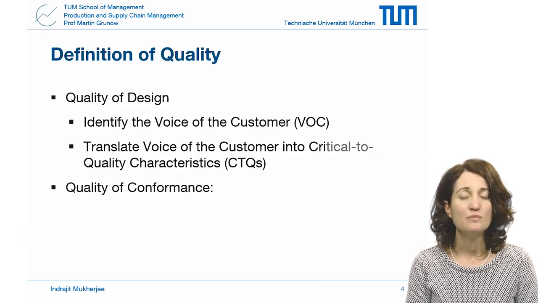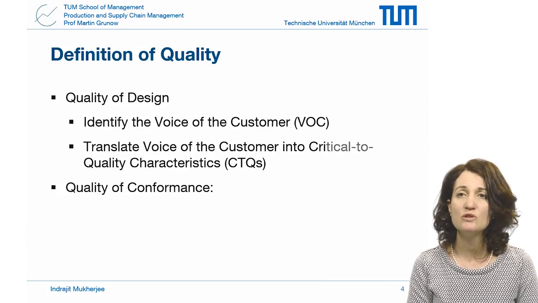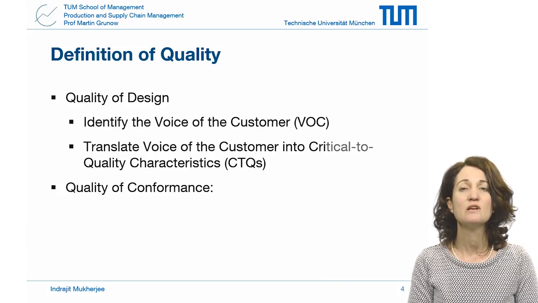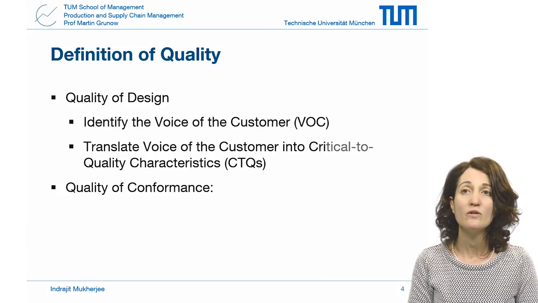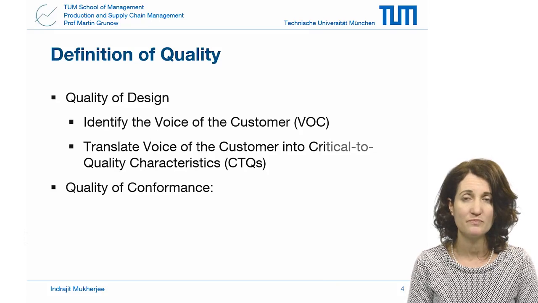These wants and needs now need to be translated into the so-called critical to quality characteristics, or CTQs, and these should be measurable. And these allow us to evaluate whether or not our product or service is meeting the voice of the customer.